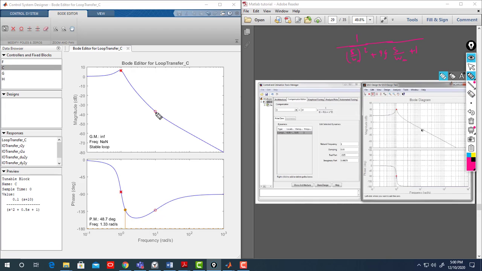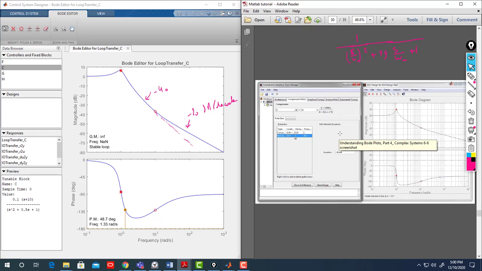See? If you continue the line like this, minus 40, this is minus 20 decibel per decade. Okay, let's continue the tutorial. So see, add 0 here so you can see the graph same as ours.